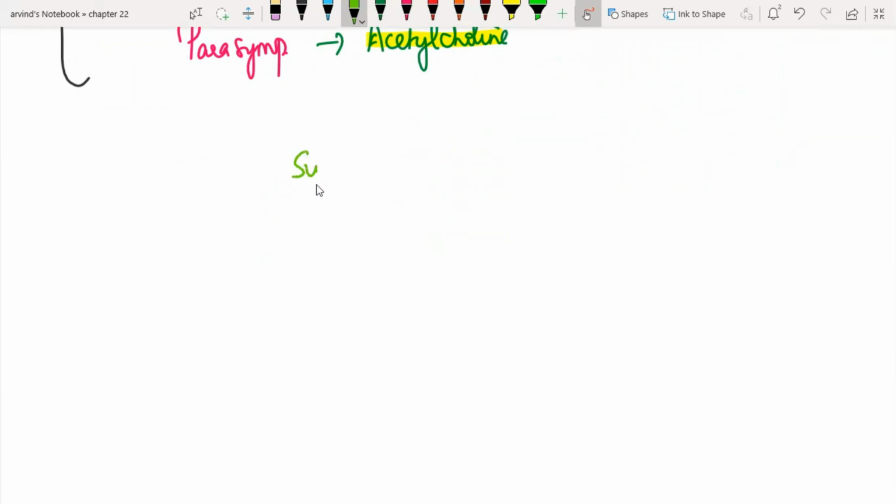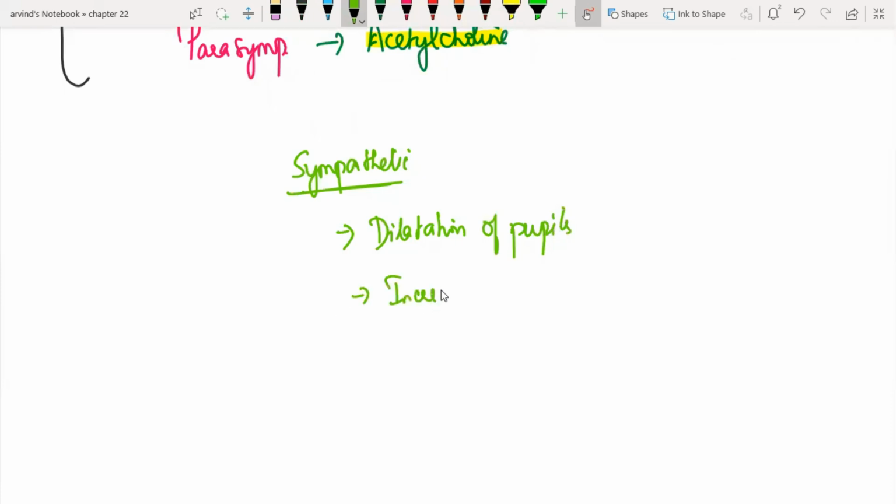Since these are concerned with your sympathetic pathway, take this point alone: it is going to cause dilatation of the pupils and increase in cardiovascular activity.